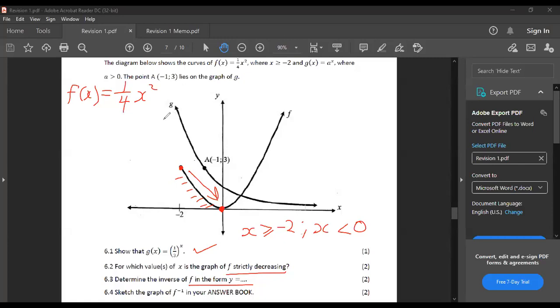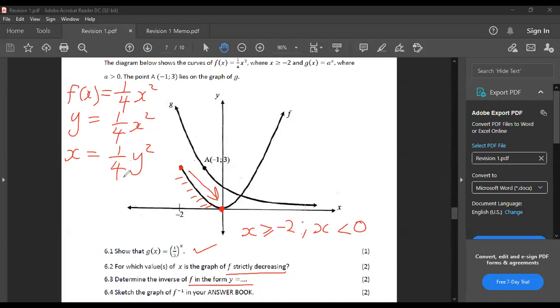Remember, how do you find the inverse? First, f of x changes to y. Then you swap: where there's x, put y, where there's y, put x. So this is x is equal to a quarter y squared. Then make y the subject of the formula.